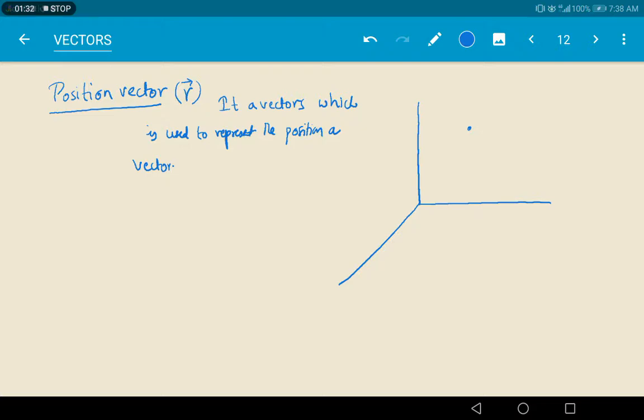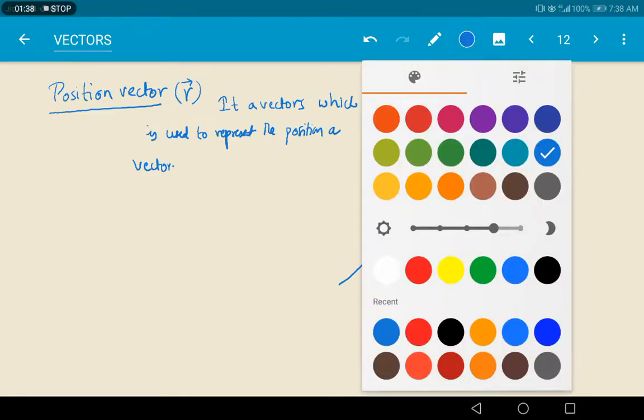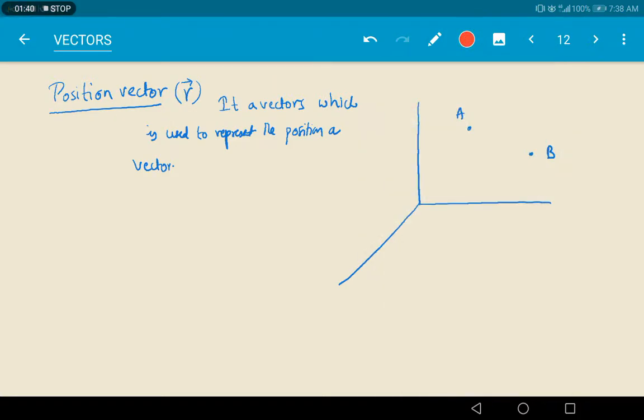Let us take 2 points in a coordinate system, A and B. Let A's coordinates be x1, y1, z1, and B's coordinates be x2, y2, z2.